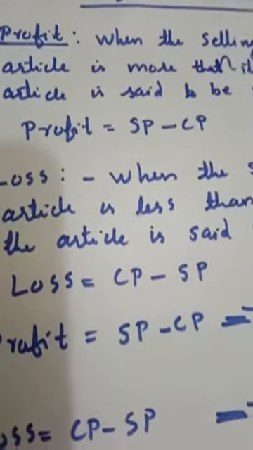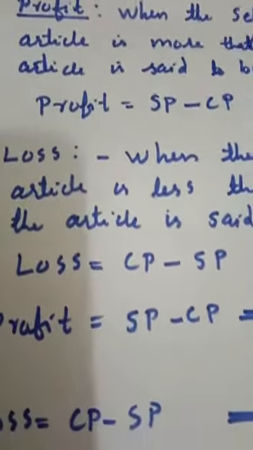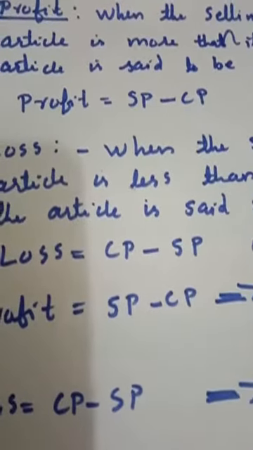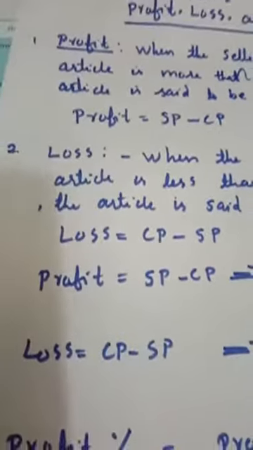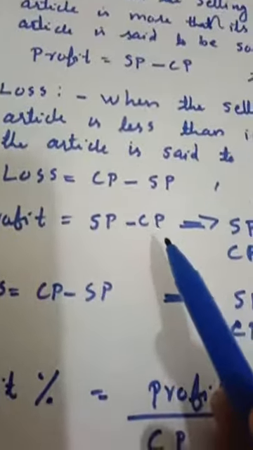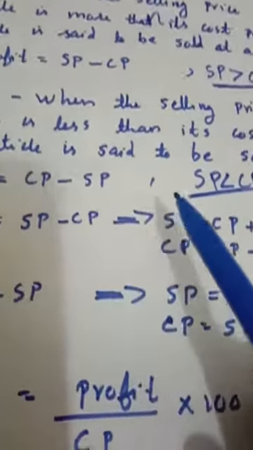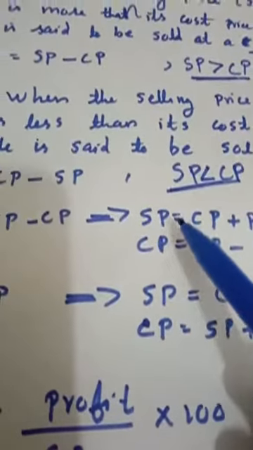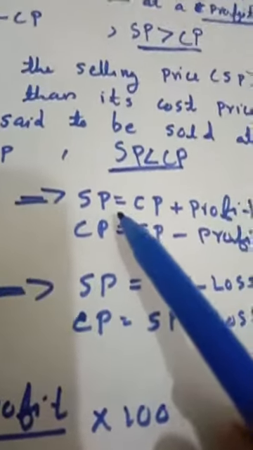Then how to find loss? CP minus SP. You just subtract both. Then, we know the formula for profit is SP minus CP. Suppose profit and CP are given, how to find selling price?